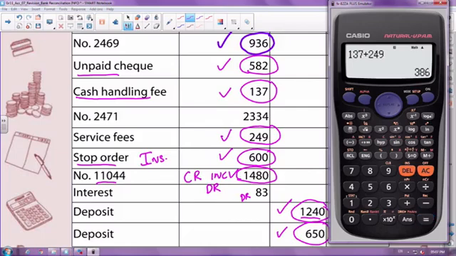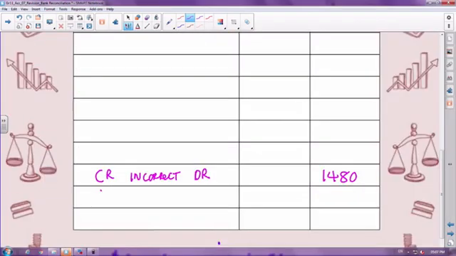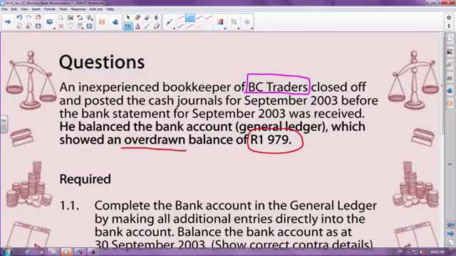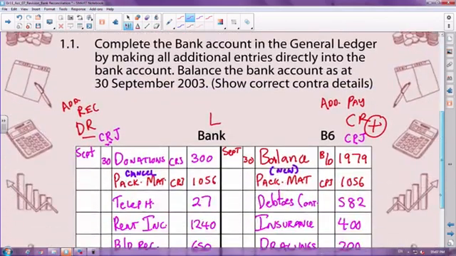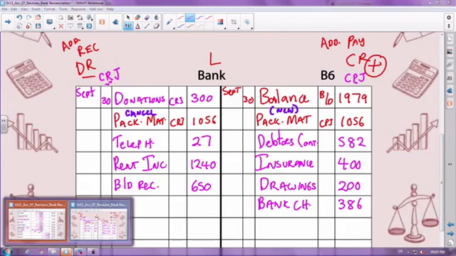That gives us a total of 386. Let's record that, 386. This is obviously a payment that was made to the bank, and this would be my bank charges.